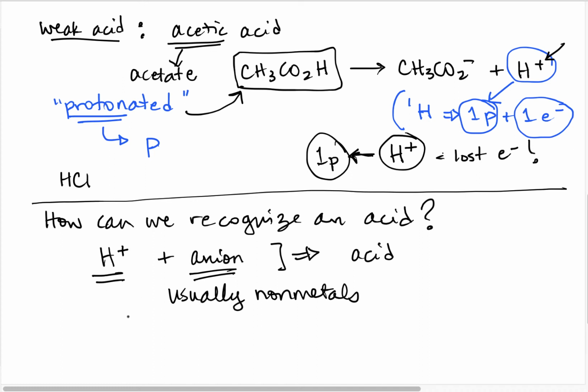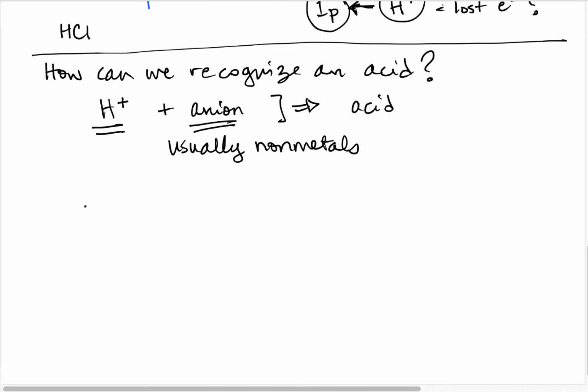So if we think about some of our anions, like cyanide ion or chlorate ion or nitrite, since we've already talked about nitrate, or sulfite, since we've already talked about sulfate, for example.